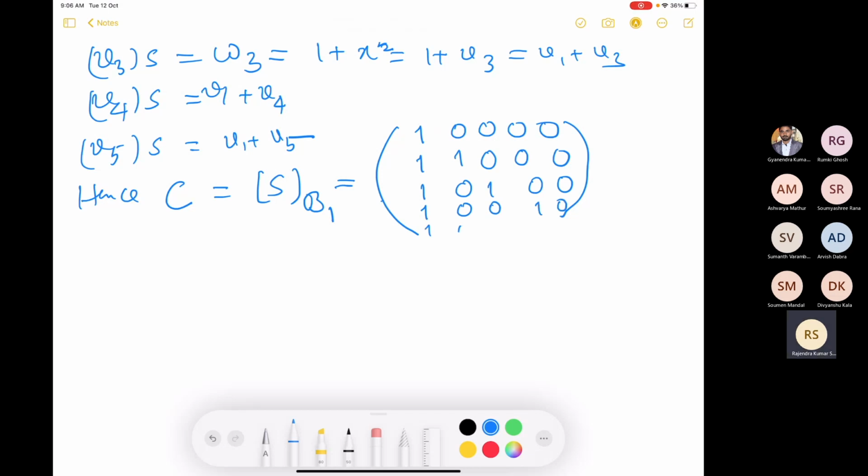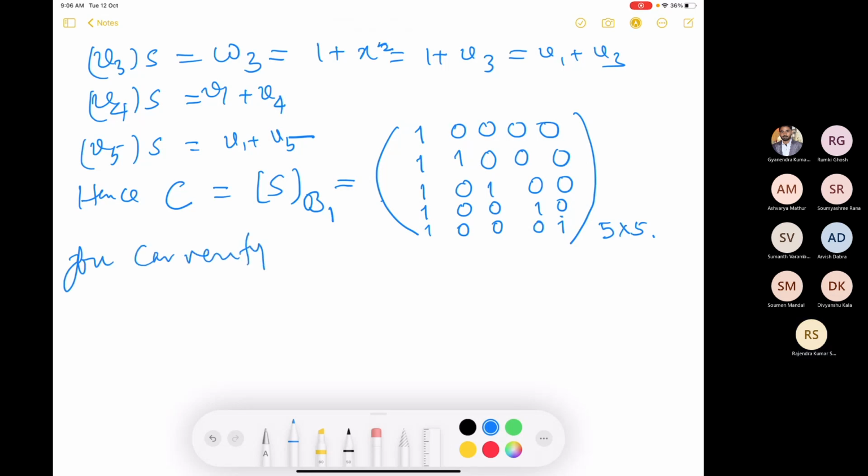V5S: 1, 0, 0, 0, and 1. So this is the matrix 5 by 5. You can see that C is invertible and B is C inverse.